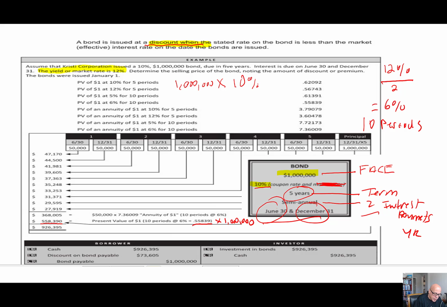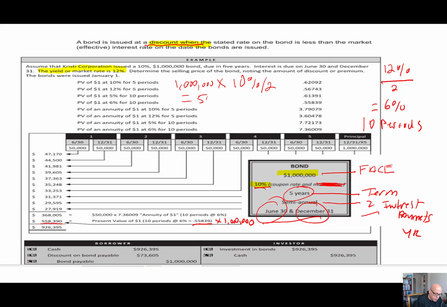But then you take that 10% and you do what? You divide it by 2. When they quote the rate at 10%, that's the annual rate. To come up with the semi-annual rate, we have to divide it by 2. 10% divided by 2 is 5% times $1 million.